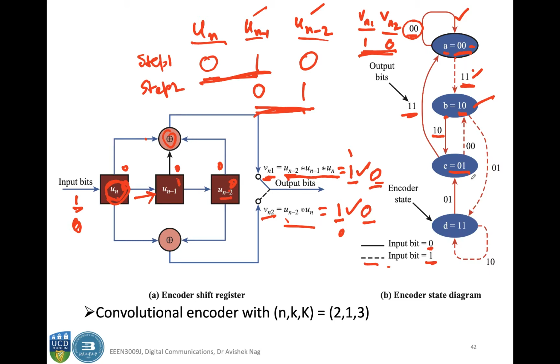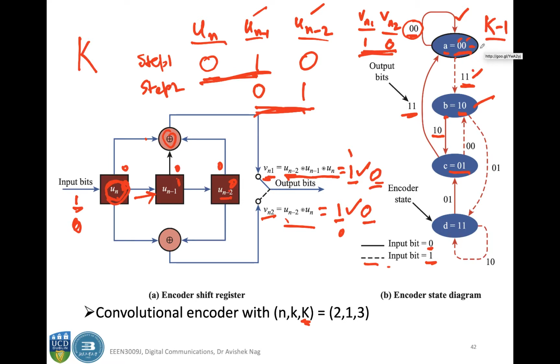Let's say here you have 3 shift registers. So your states are denoted by 2 bits. If you have capital K as your number of shift registers, then each state has K minus 1 bits, so 2 bits are represented for each state.